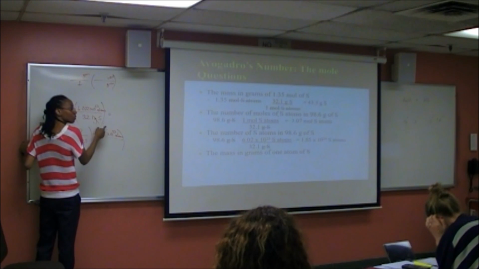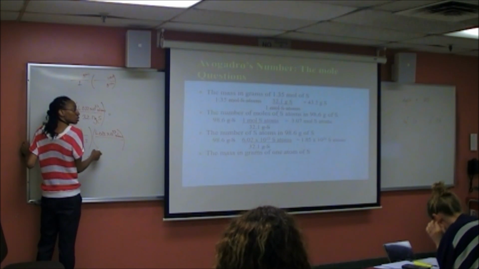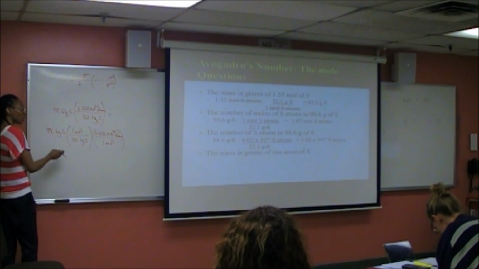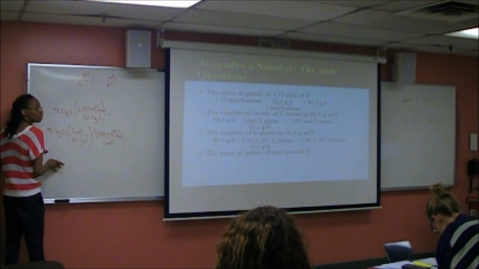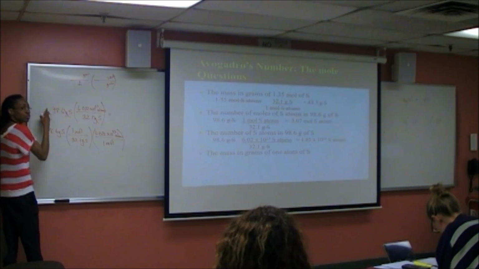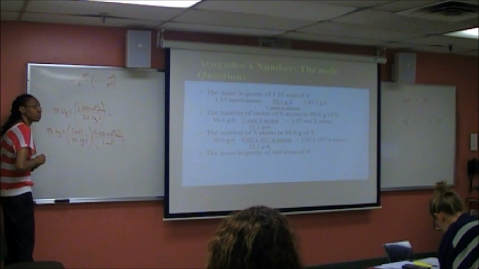What's the conversion factor for atoms? 1 mole. So now you have 2 steps that you combined into 1. Avogadro's number is 6.022 times 10 to the 23 atoms per mole.